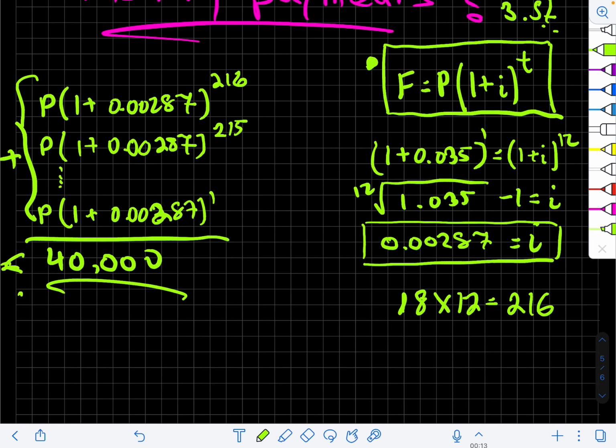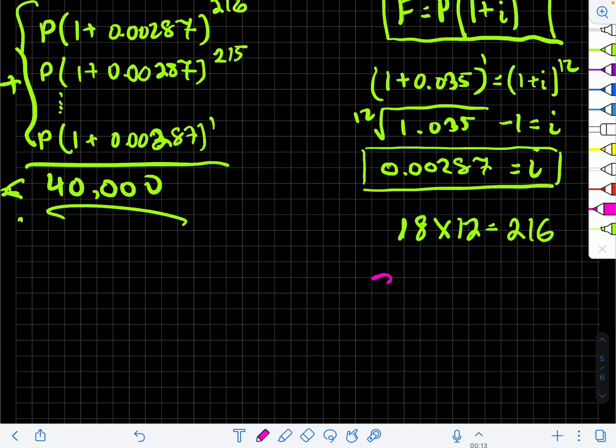So what we have to do now is add all these figures. And this is a geometric sequence. I'm reminding you that the formula for adding a geometric sequence is a times 1 minus r to the power of n, over 1 minus r. So this is the formula for the sum of a geometric sequence. In this geometric sequence, we have to figure out what's our first term, what's the ratio, and how many terms we are adding.